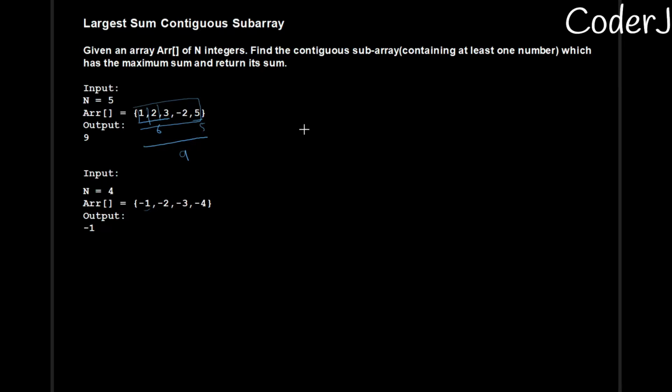For that, I just need a loop for i equals 0 to n. It will be used to determine the starting position. Then I'll use another loop for j equal to, not actually 0, my bad, j equal to i to n.